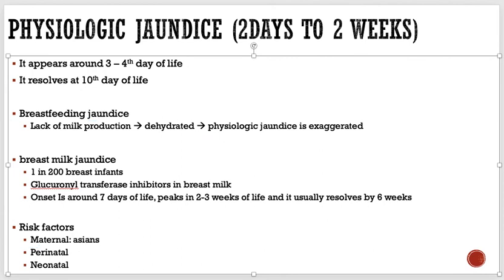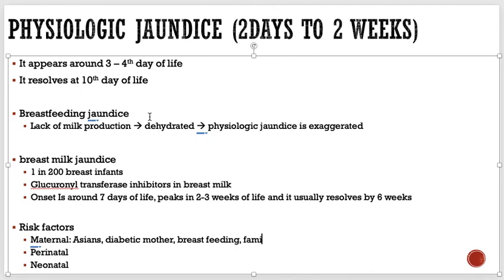Asians have more physiological jaundice. For example, diabetic mothers, and breastfeeding; I already explained why it can lead to dehydration.